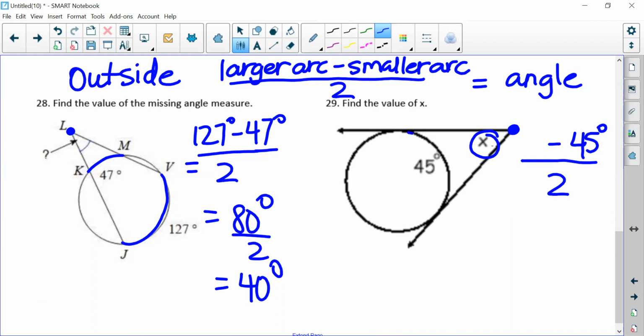Y'all, here's your smaller arc right here. Look, we have to figure out the measure of our larger arc on this side, okay? If you know that the small part of your arc is 45 degrees, and you know that the sum of all arcs in a circle is 360, so to find the measure of your larger arc, just take 360 and subtract 45 degrees.